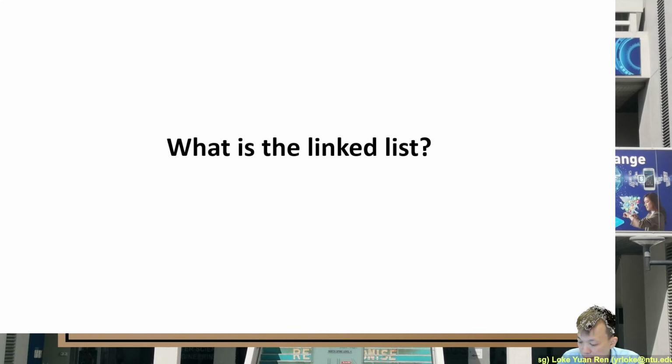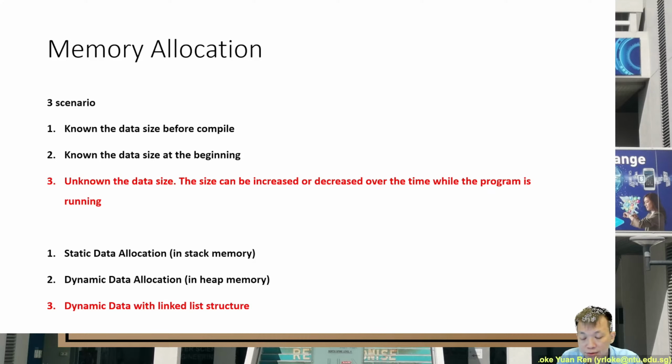So what is the linked list? In the last Friday lecture, we mentioned that you can use malloc and free to dynamically allocate a memory block for an array or any variable you declared earlier, so that you can give the user the freedom to create, allocate and deallocate the memory block for that particular variable. It may not be an array, it can be any variable.